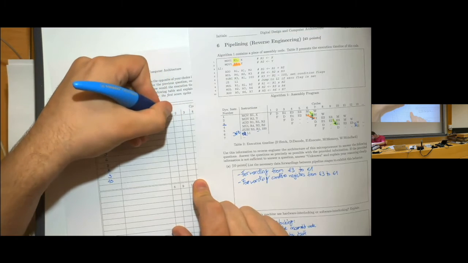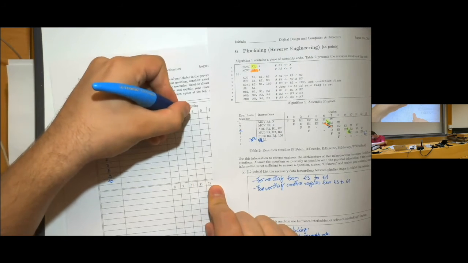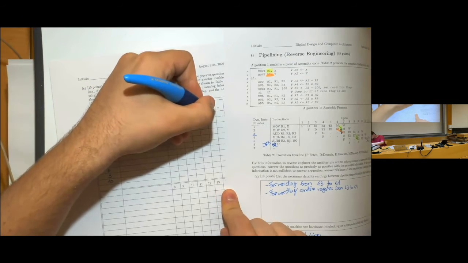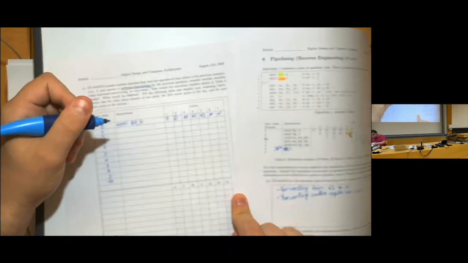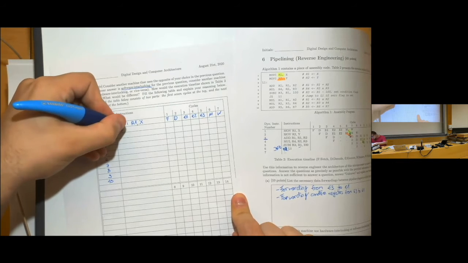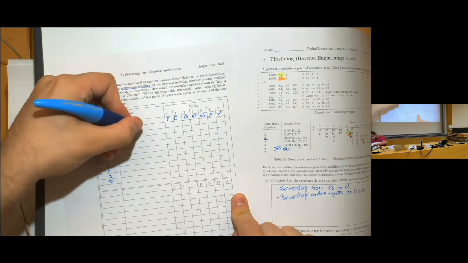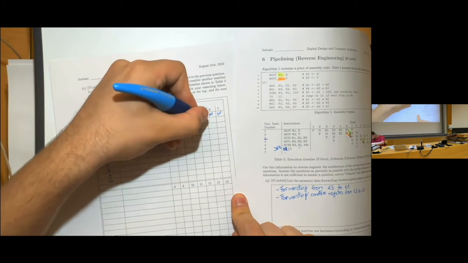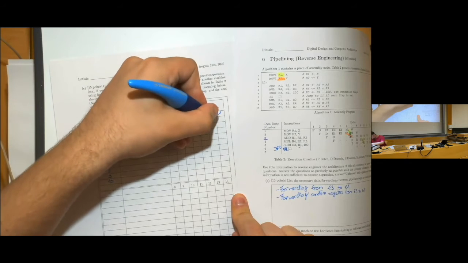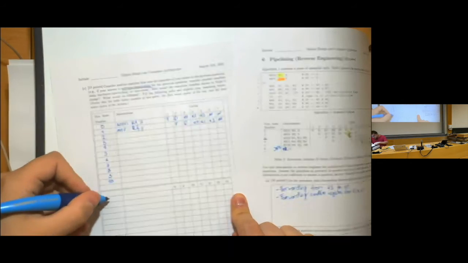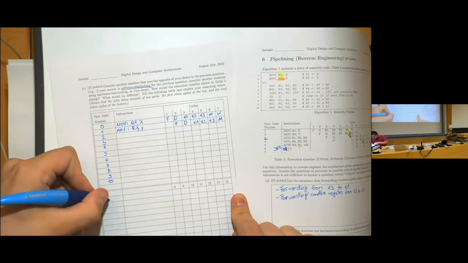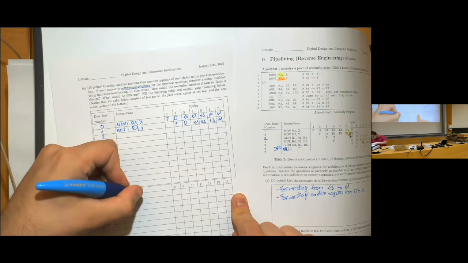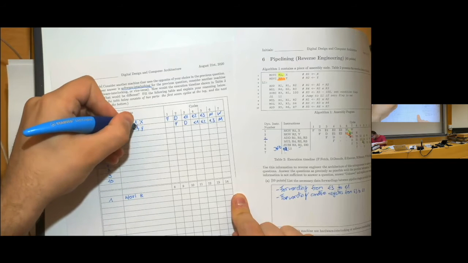So this is fetch, decode, execute 1, execute 2, 3, memory, and write back. Second instruction is move R1, Y, fetch, decode, 1, 2, 3, memory, and we should continue the table down here. Sorry, this should be R2.